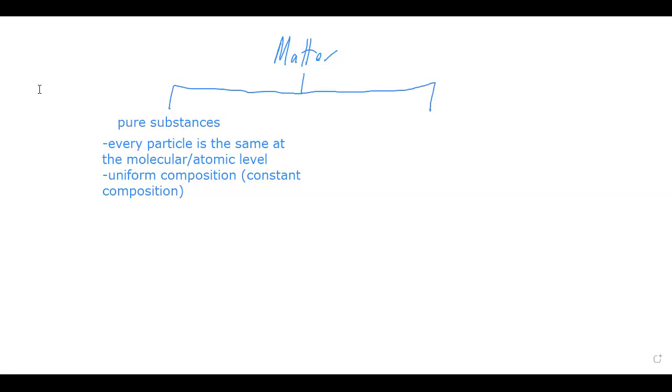Now we can split this category into two parts as well. And these are terms that we're definitely probably more familiar with. The elements and the compounds.